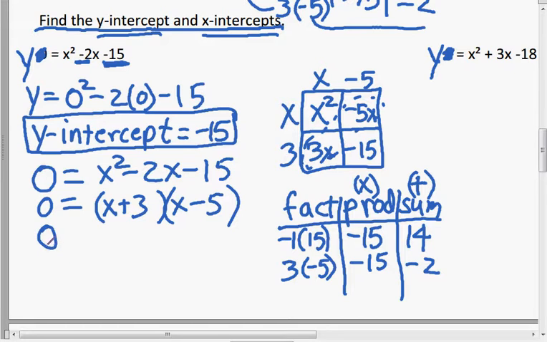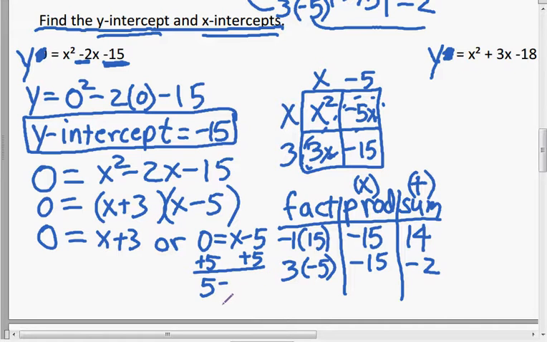So to solve, I say 0 either has to equal x plus 3, or 0 equals x minus 5. I add 5, or subtract 3. But this is not my answer because it asks for the x-intercepts.